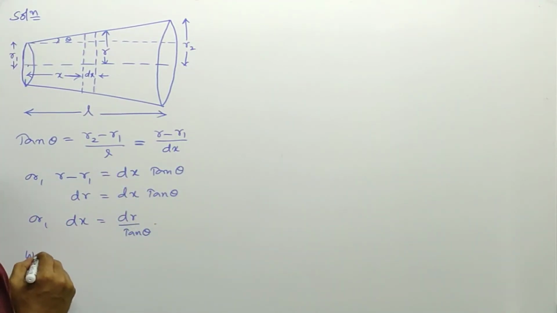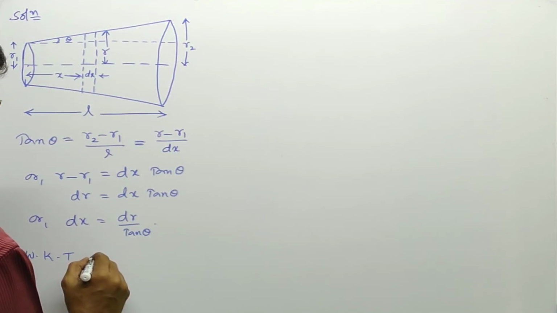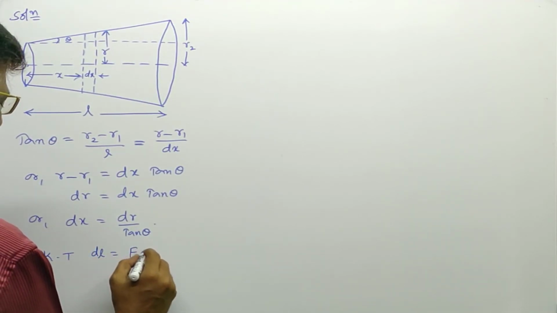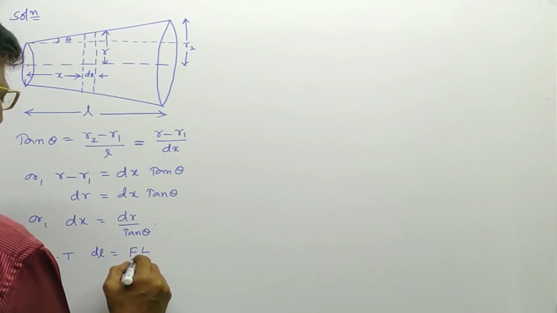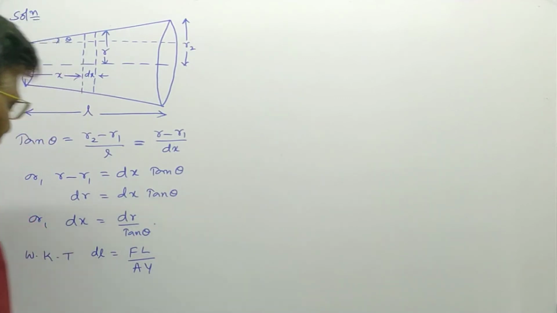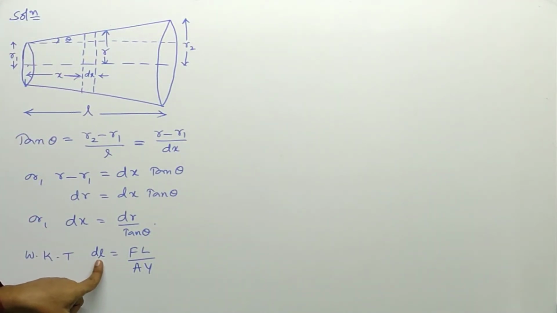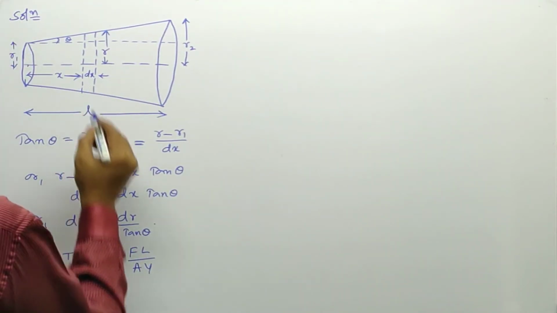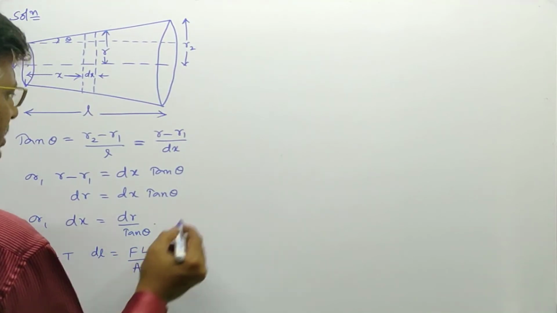And we know that elongation small l or dl from the Young's modulus formula is equal to F into L, total length, divided by A into Y. Elongation or extension: delta L is equal to F into L divided by AY.